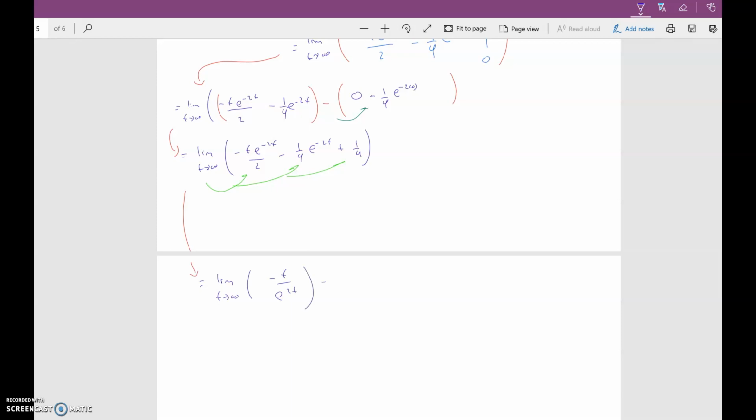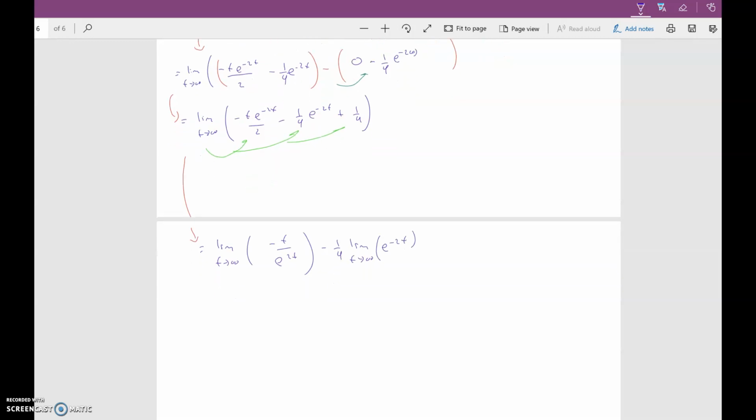Technically minus 1/4 the limit as t approaches infinity of e to the negative 2t plus the limit as t approaches infinity of 1/4.